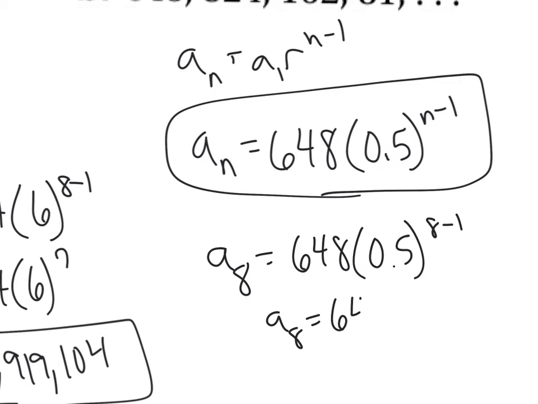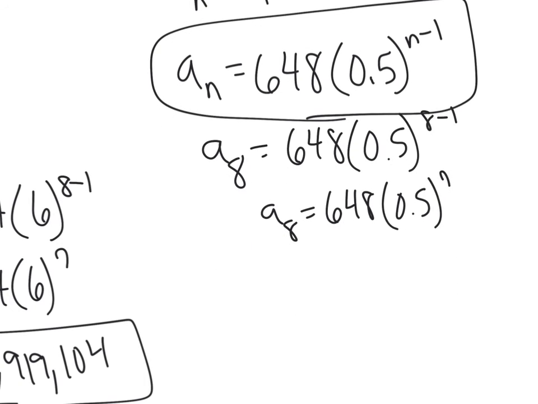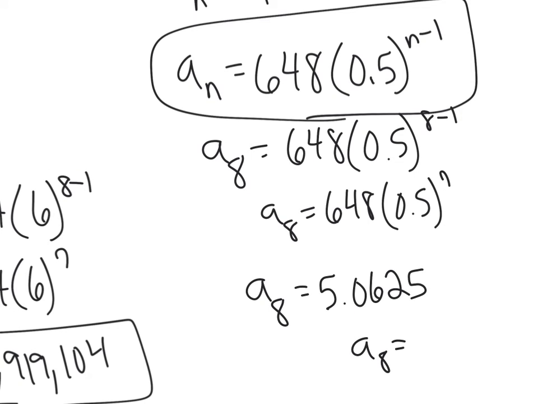So the 8th term, we would end up doing that to the 7th power. So that works out to be 5.0625, or if you wanted to, as a mixed number, it would be 5 1/16.